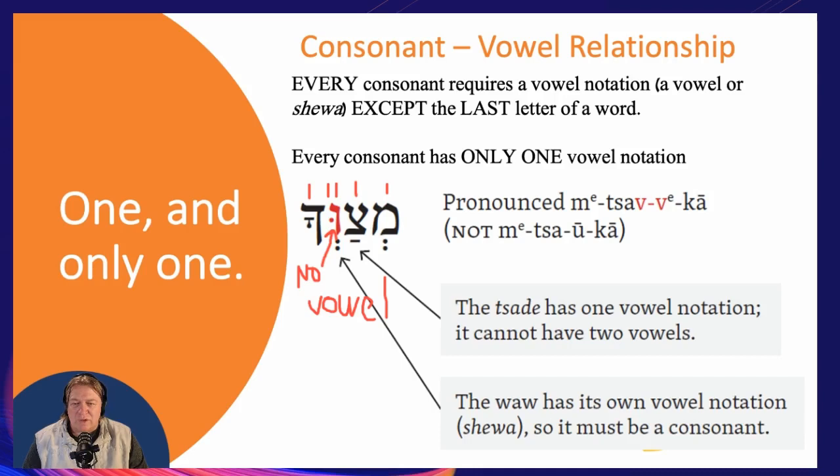This is a doubled consonant here. The tsade has a vowel notation, and the vav has its own vowel notation, so it must be a consonant. So there are two vavs in here. They both have shwas. And according to the rule of the shwa, when they show up in the middle of a word, the first one is silent. The second one gives that little helping sound.